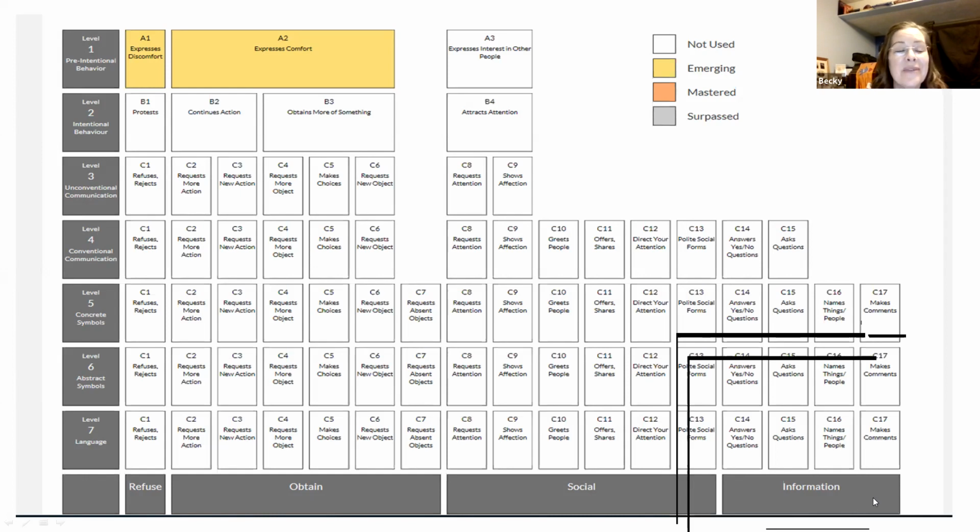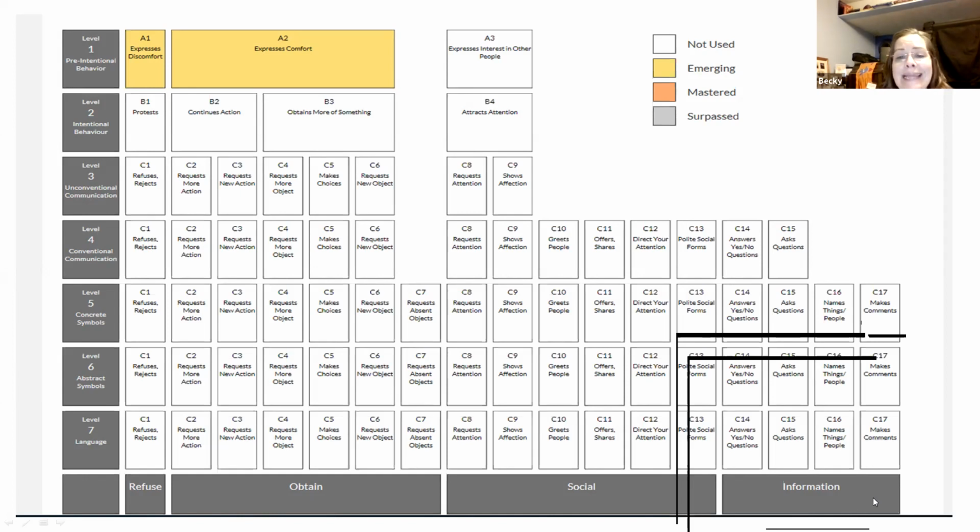We can put all this together and really see that we need to know where our students are so that we know when we can introduce our communication symbols that support the CVI range, so that we're setting our kids up for success.